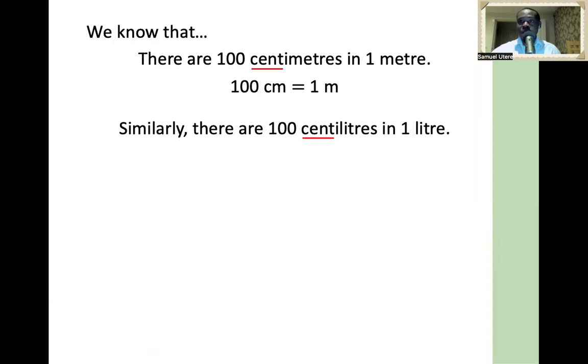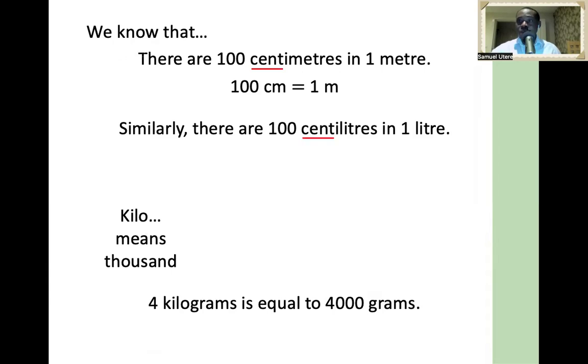But when you hear the word centi, centi means out of 100. But we'll come to that. Let's talk about kilo. Kilo means thousand. So when you hear the word kilo, it's the root word for thousand. So 4 kilograms simply means 4,000 grams, because it's 4 lots of 1,000 grams.